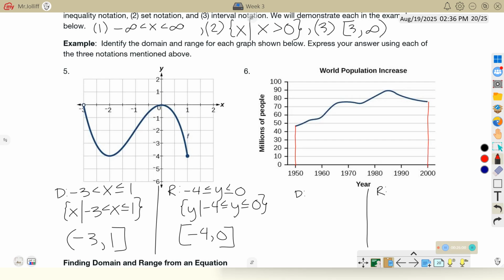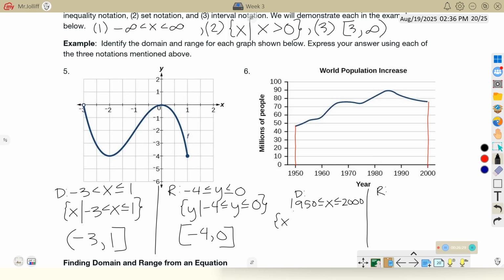We can see from the graph, it starts at about 1950, ends at about 2000. Are those endpoints empty or filled in? Were there empty circles? No, so we assume filled in if we're not told otherwise. Good. So we could have 1950 less than or equal to x, less than or equal to 2000.